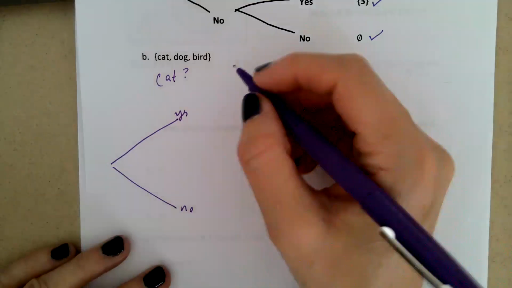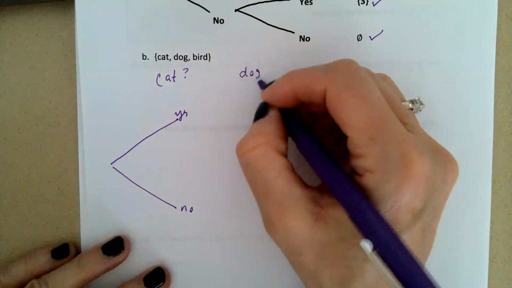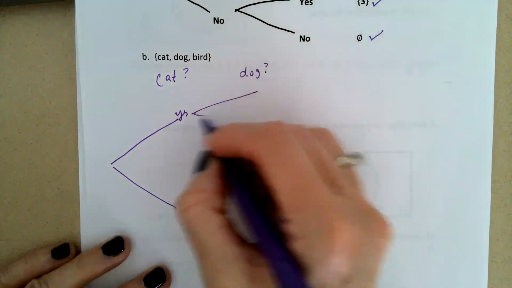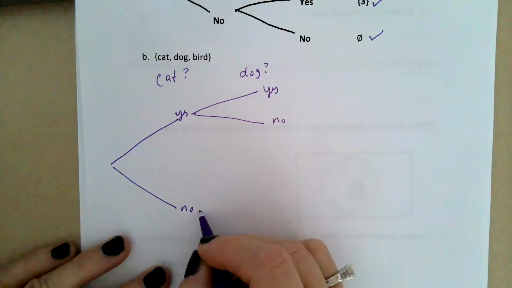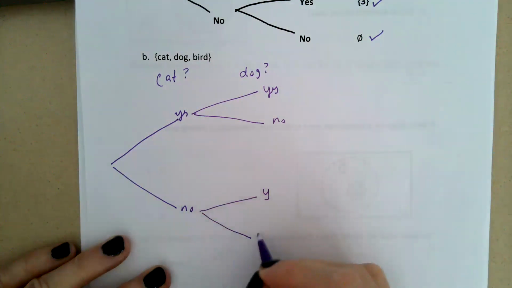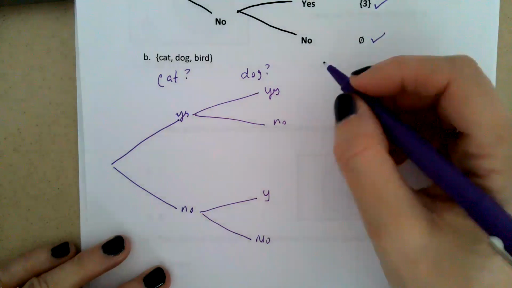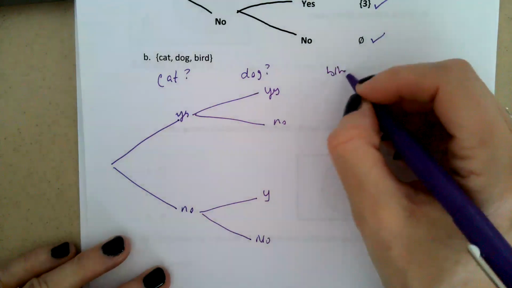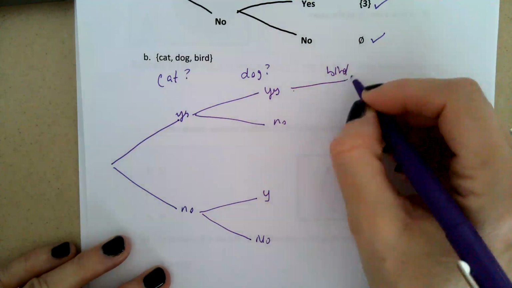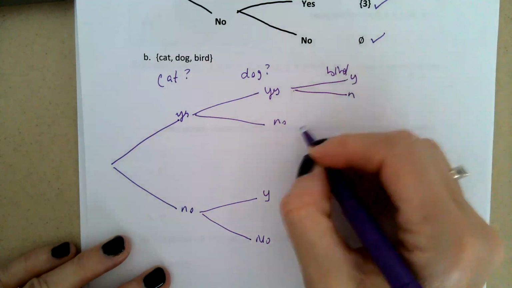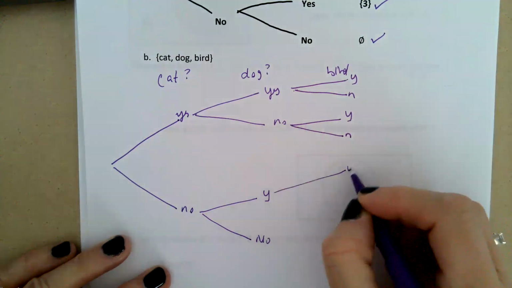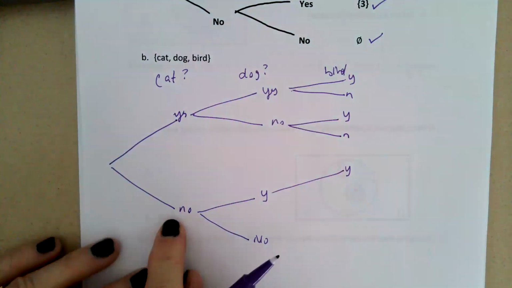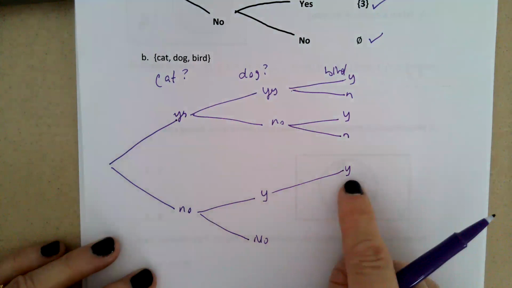And then we could ask if dog is in the subset, that would be a yes or no. And then we could ask, is bird in the subset? And that could be a yes or a no. Each of these gets a yes and a no. Because we could have no cat, yes a dog, and yes a bird.